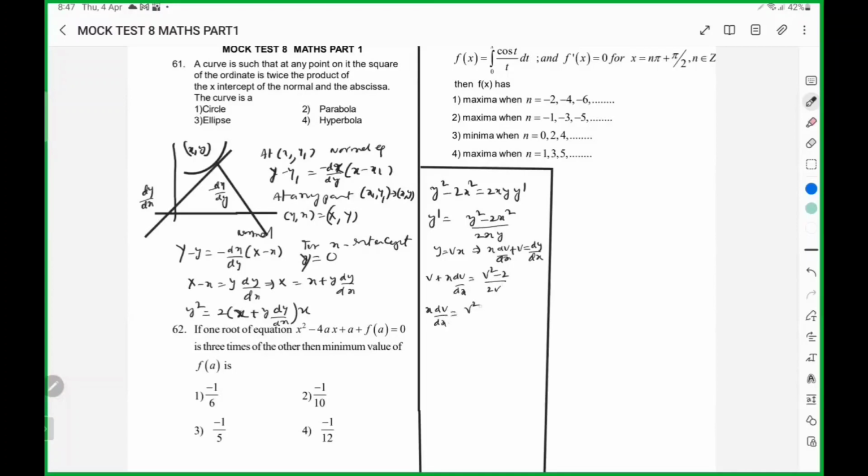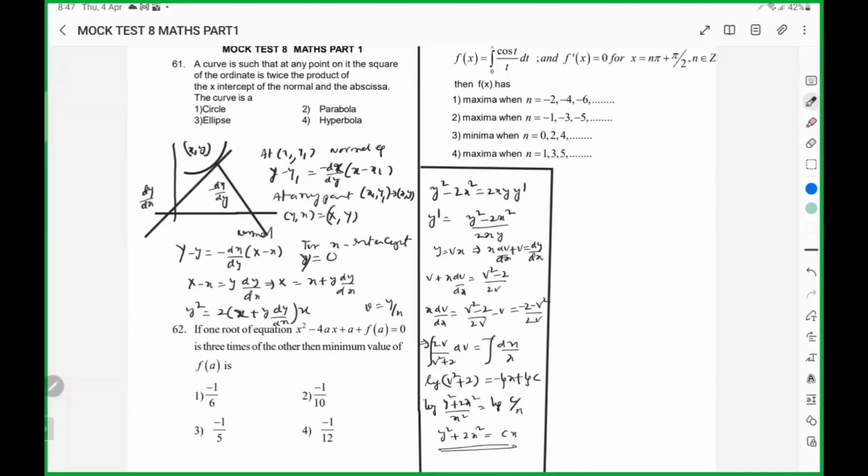Then 2v by v square plus 2 dv is minus dx by x. Integrating, log of v square plus 2 is minus log x plus log c. Log of y square by x square, and log c by x. So y square plus 2x square becomes cx, which represents an ellipse.